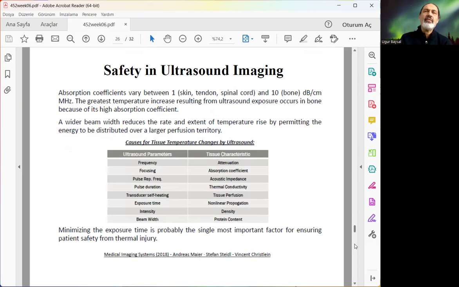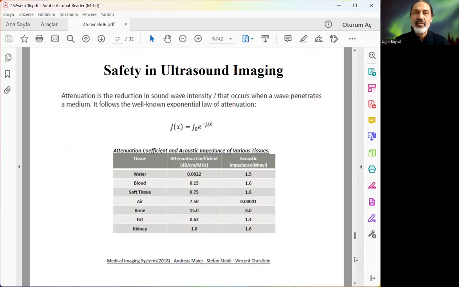So there are many studies and works about the safety limits of different organs at different frequencies of ultrasonic waves. You have to be at least 10 times less than the predetermined level to be on the safe side. So this is another issue of signal attenuation.